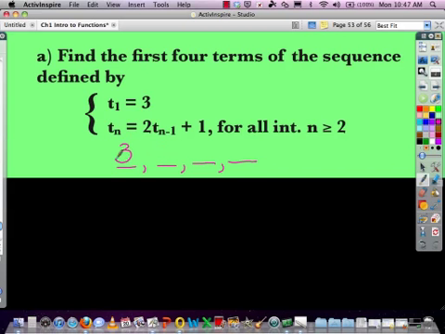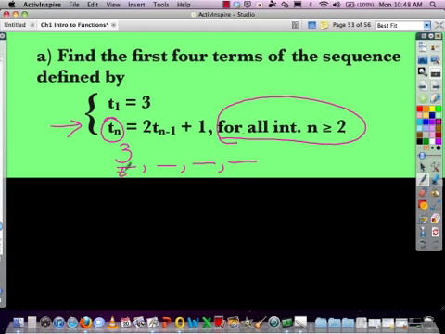Then, here's where we have to learn a bit. The second line is key for the rest of the equation. You say, how do you know? Because I'm looking at this T sub n, and I'm connecting it with this statement at the opposite end of the equation. It says T sub n is going to be equal to whatever this is, which is fine, but it says for all integers n greater than or equal to 2.